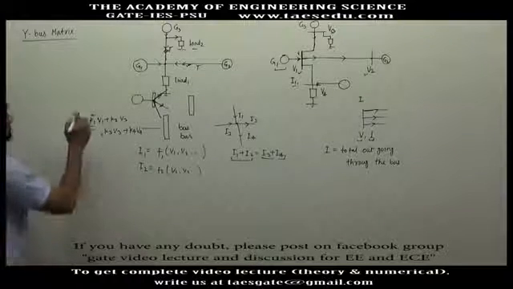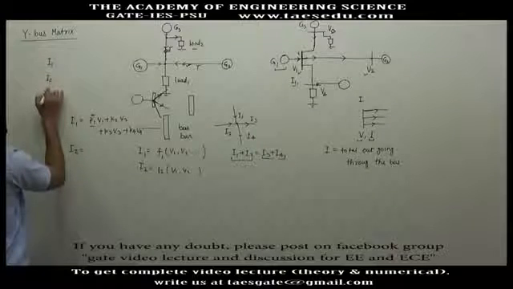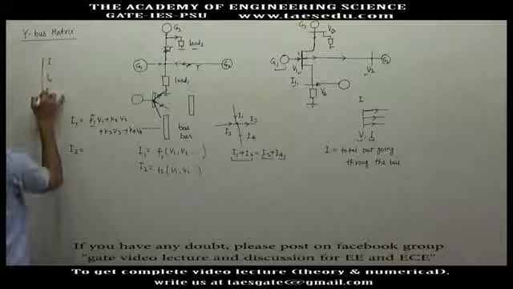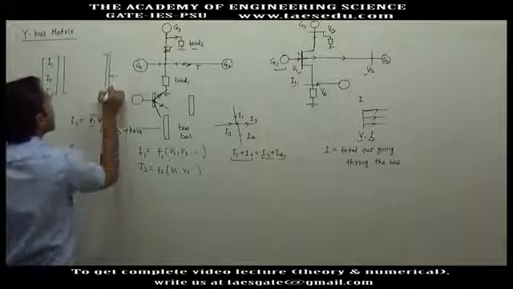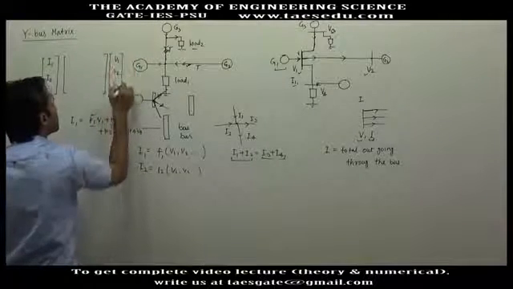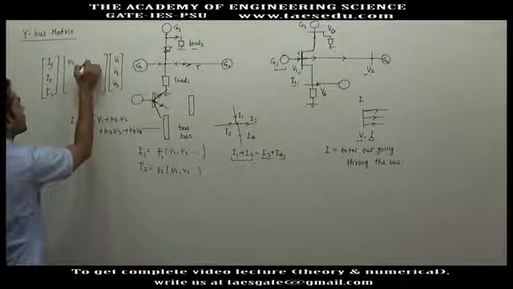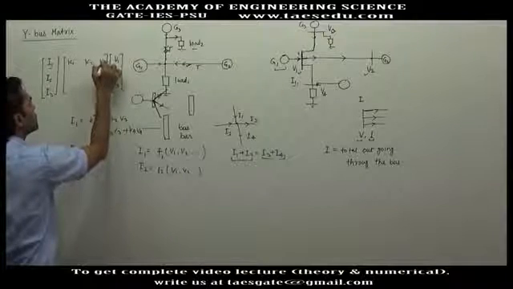So this way we can construct a matrix of I1, I2, let's say there are 3 buses, and here all the voltages on which the currents depend. I1 will be K1 V1, then K2 V2, K3 V3.